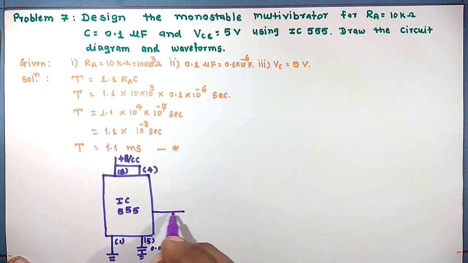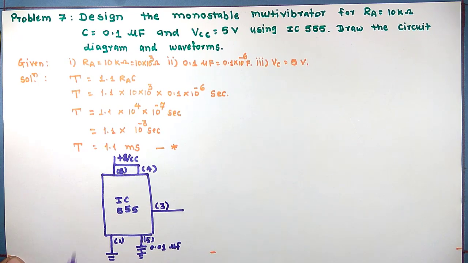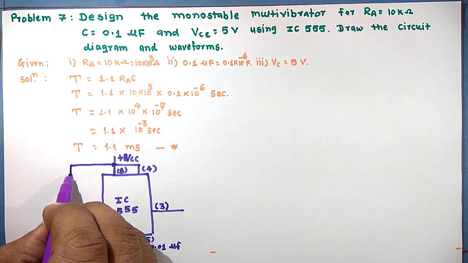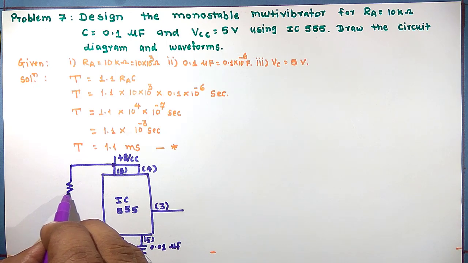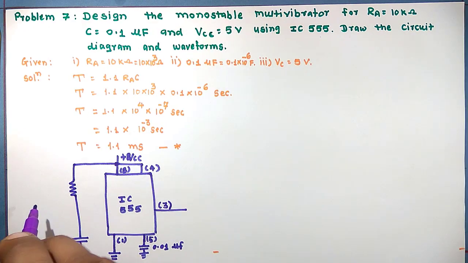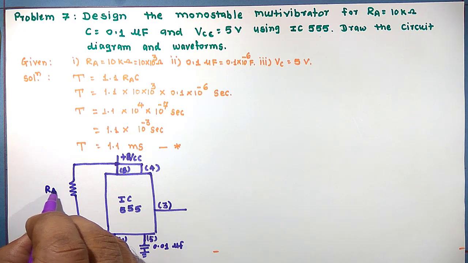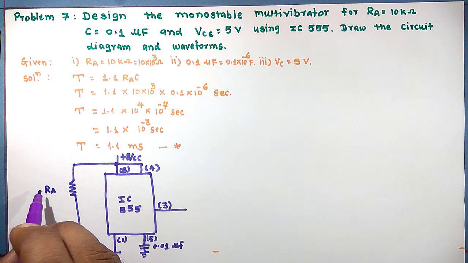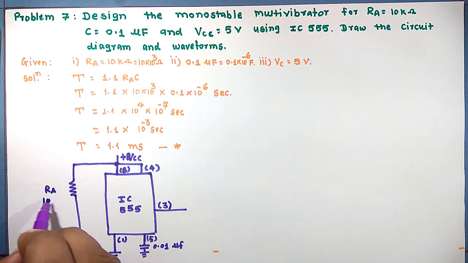Output is taken at pin number 3, and resistor RA in series with a capacitor is connected in this way. This is resistor RA of 10 kilo ohm, and this is a capacitor of 0.1 microfarad.